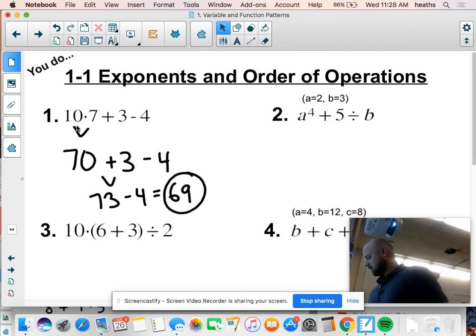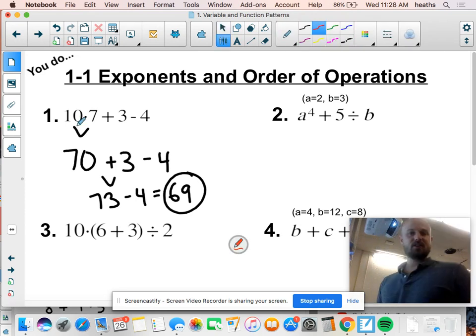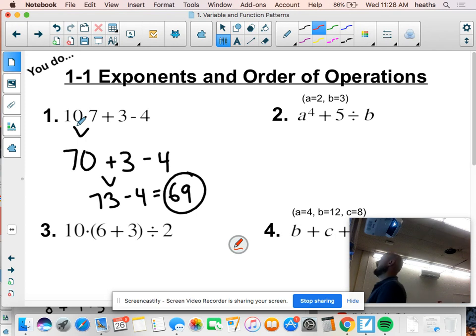Okay. We switch colors here. We're going to go to number 2. So we have a to the 4th power plus 5 divided by b. Let's plug in our numbers for those variables. So a is 2, and we're going to find 2 to the 4th plus 5 divided by b, which is 3.